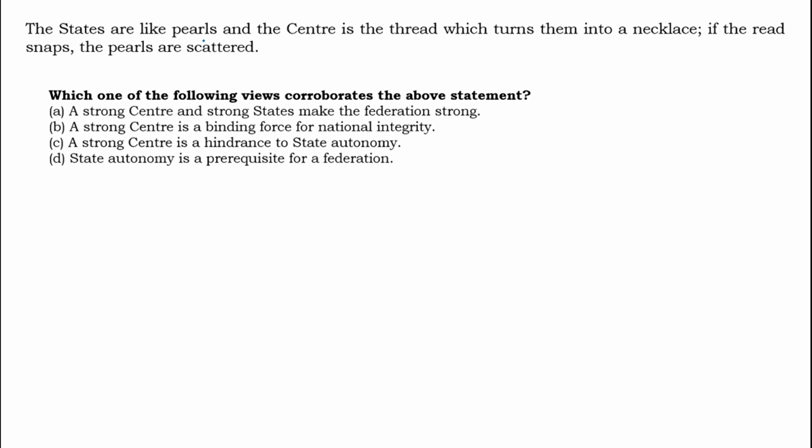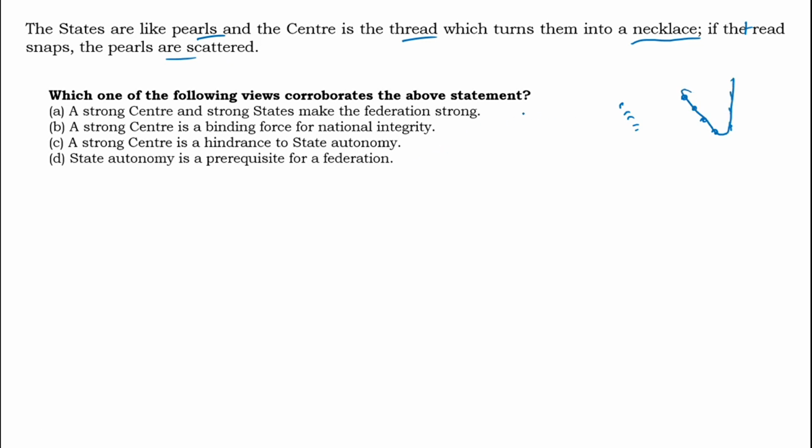The states are like pearls, and the center is the thread, which turns them into a necklace. If the thread snaps, the pearls are scattered. It is a simple statement.